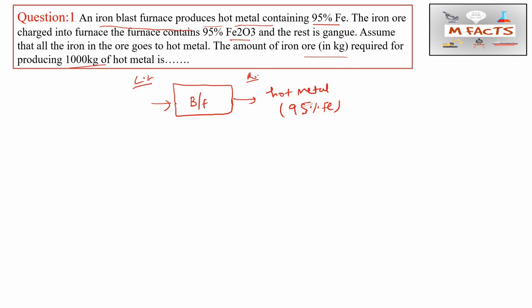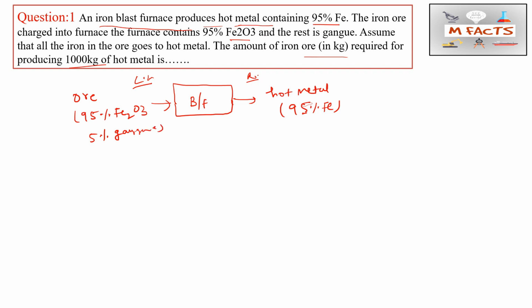They are saying that the furnace is charged by iron ore, and this ore contains 95% of Fe2O3, and the rest are gangue, so 5% gangue material is there.